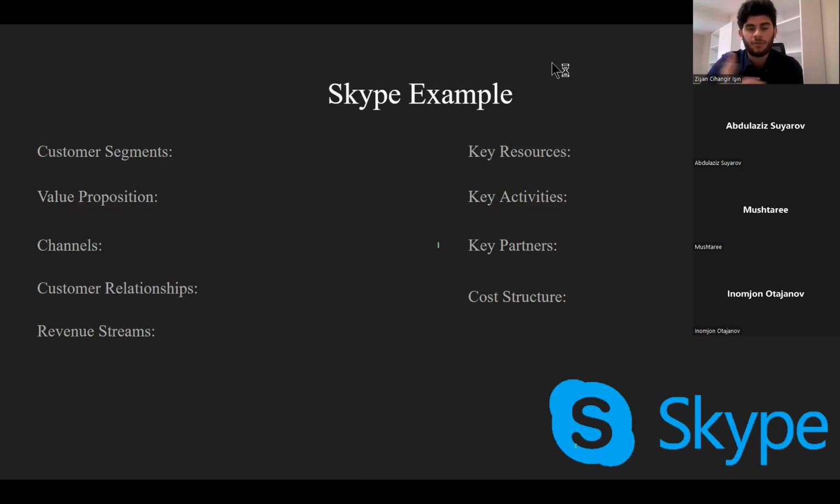Like the key resources for Skype to continue, we could say Skype needs software developers to continue serving customers. What is the key activity that Skype does? Like we said, the value proposition, okay, it serves video calling technology. But when we're writing down the key activity of Skype, we could say software development, right?